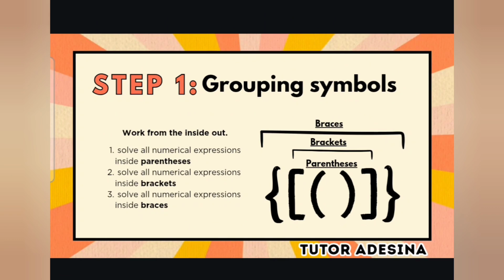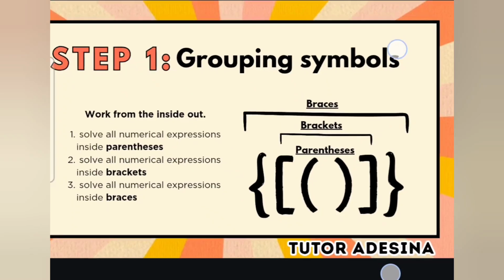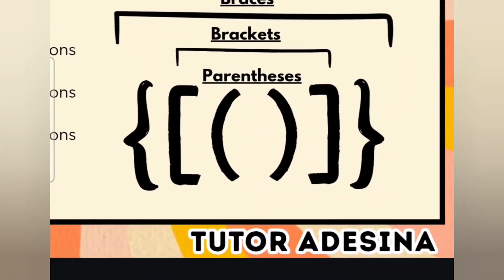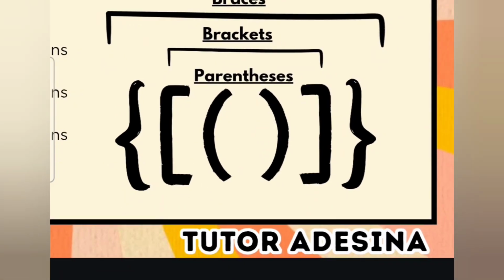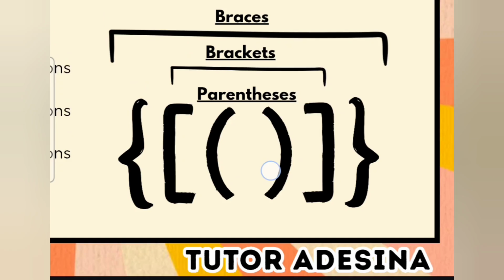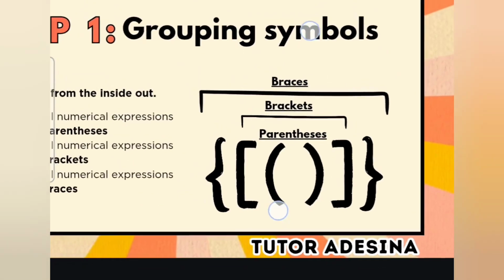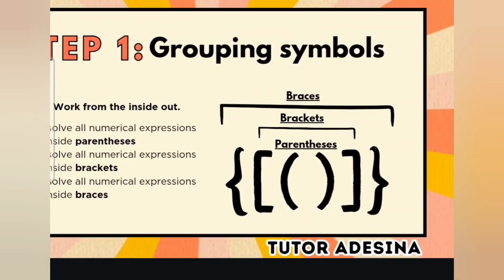The next slide is grouping. So what is grouping? Grouping is those that involve brackets. This type of bracket is parentheses. This is braces, and this is brackets. So forget about those names.